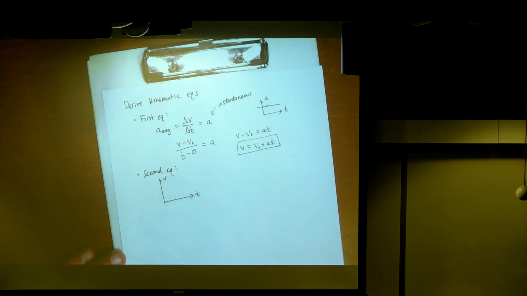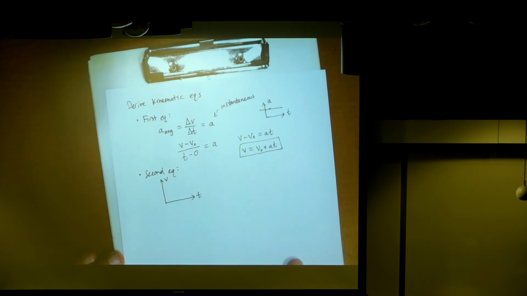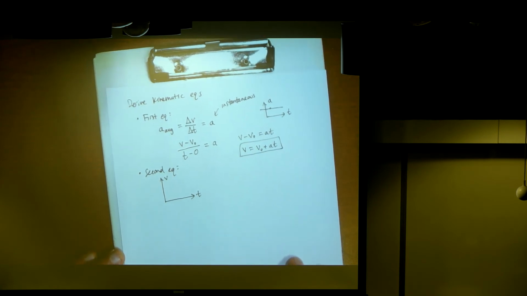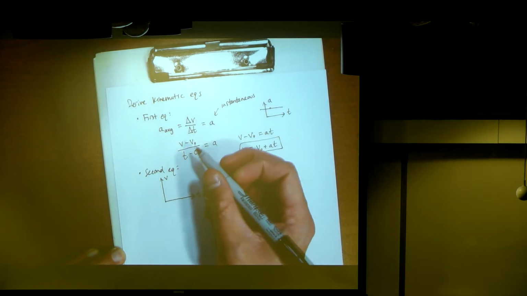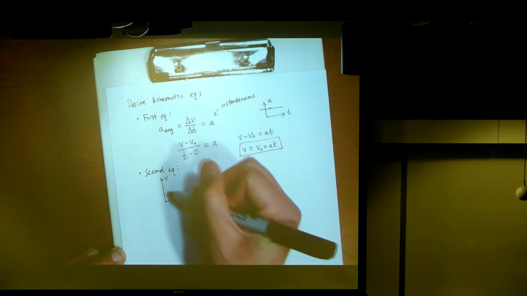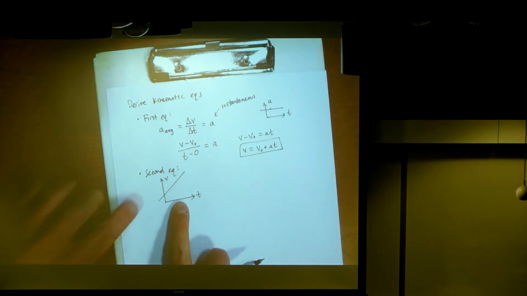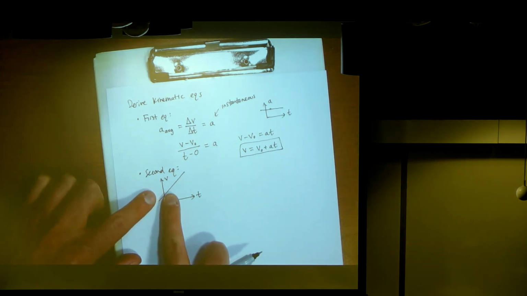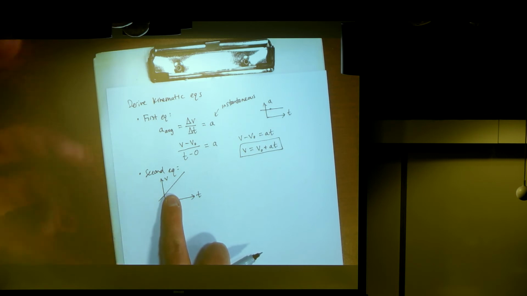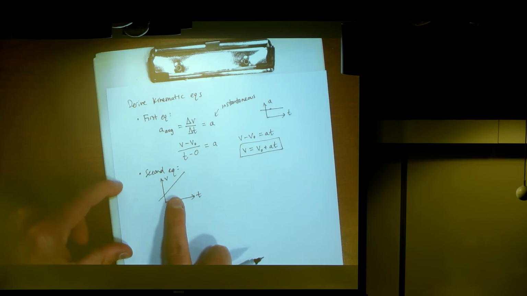What does my velocity versus time graph look like? Remember, this is going to be a straight line. It's not going to be flat necessarily, but it's not going to be curved. Because remember, acceleration is the slope of this graph, and what we're saying is that slope is not changing. So it's just a straight line. Does that make sense? Okay.